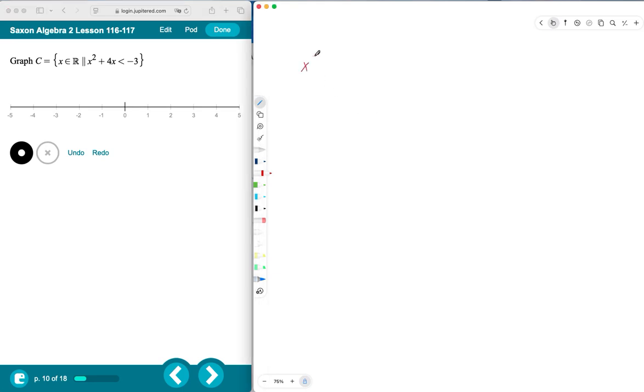So x squared plus 4x plus 3 less than 0, which is x plus 1, x plus 3. It's less than, so it's going to be positive, negative, or negative, positive. And when they're mixed like that, they have to be the same pair.